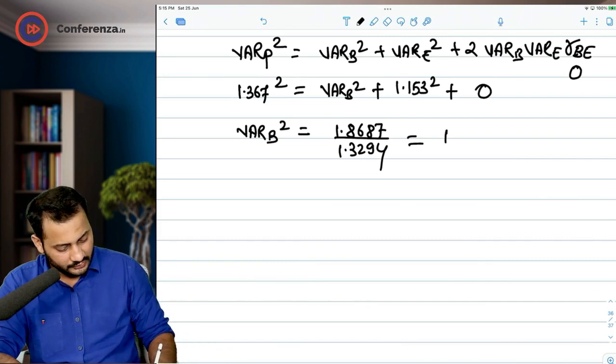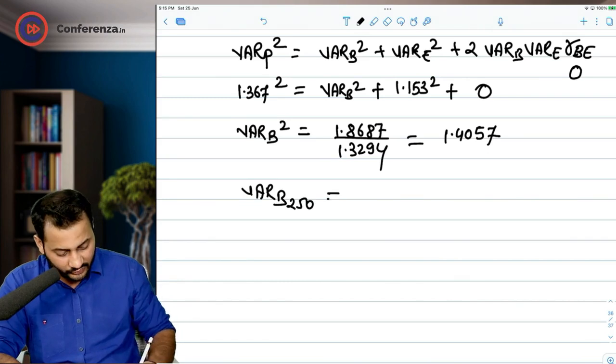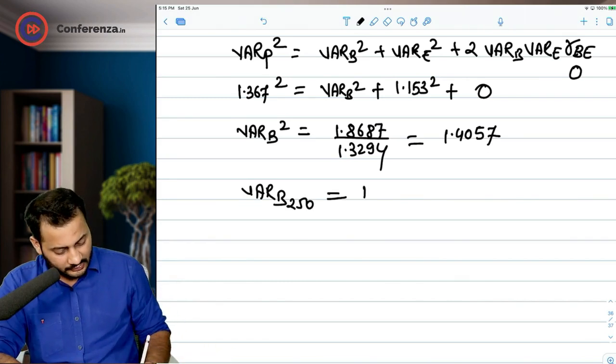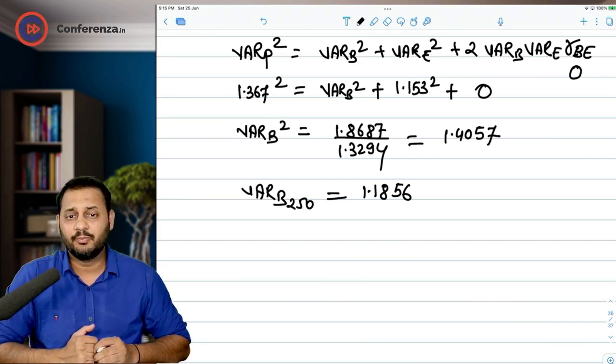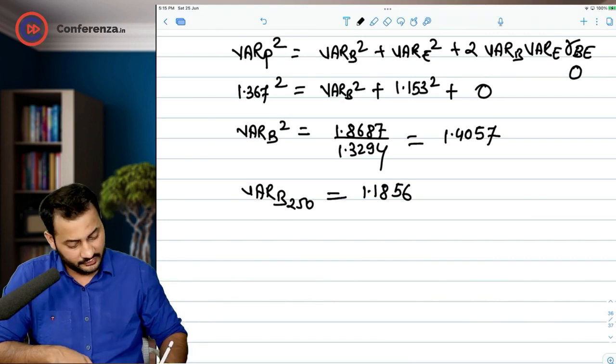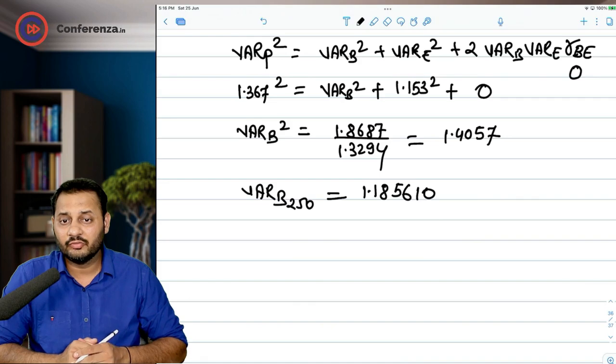This gives us 1.4057, and if you put a square root, we will get the VAR of the bond for 250 days, that is annual, and that is 1.1856. This is 1185610 per annum VAR of the bond.